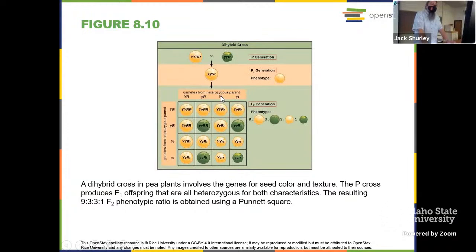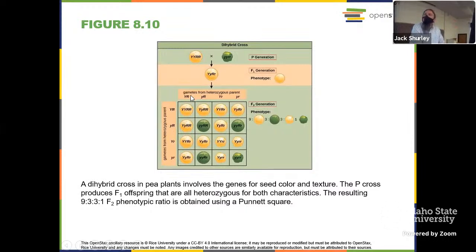Big Y to little r is the third. And last are the little guys, little y, little r. 4 different potentials, that's why we've got 16 squares. So 4 possible combinations, same as we go down the other side. It's the same, we're self-pollinating, it's the same thing, right?